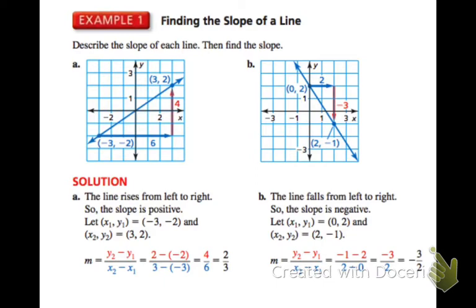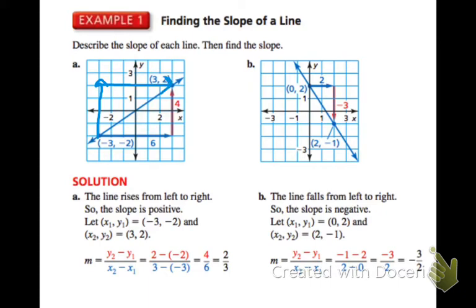If we're starting over here with (-3, -2), personally, because the top number is the change in y, I would go up my 4 units first. Then I would go to the right, okay? And those are both positive directions.